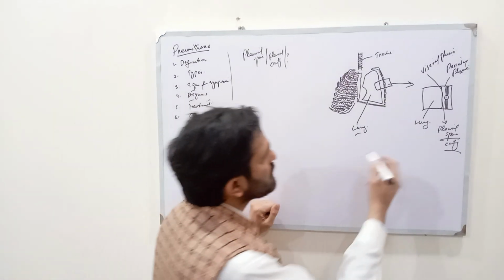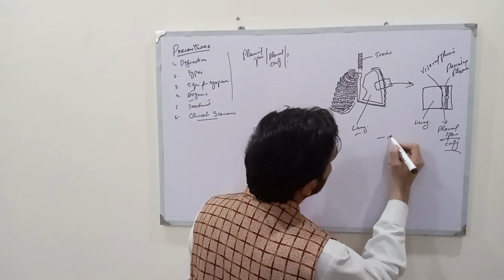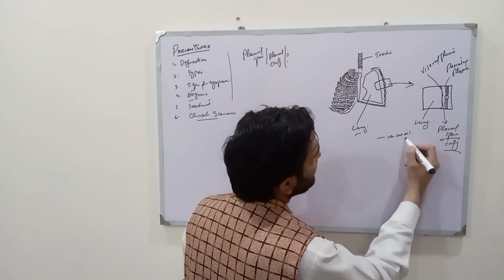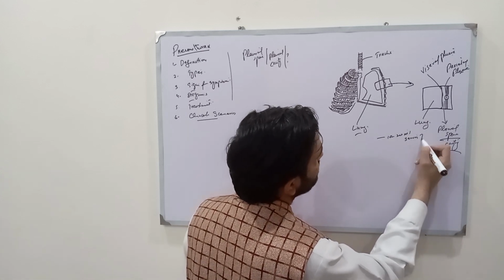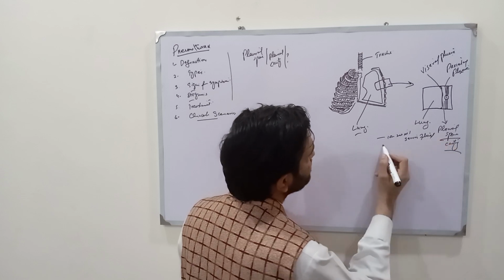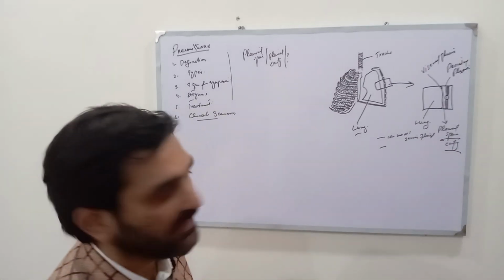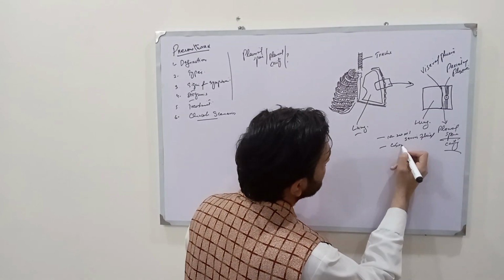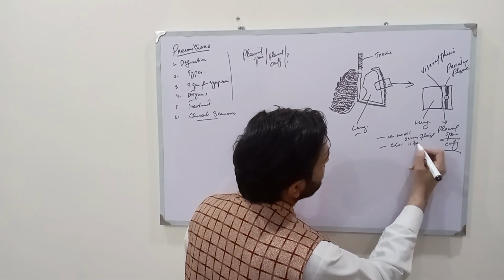Normally, this space contains only 10 to 20 ml of serous fluid. And also, the serous fluid color is transparent.